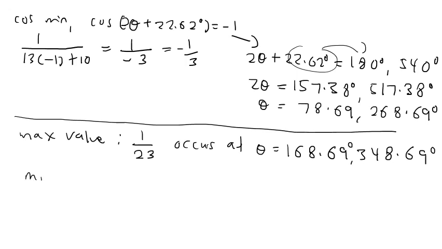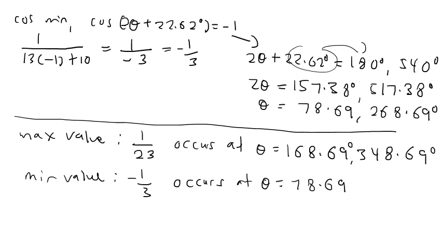And for the minimum value, this minimum value is negative 3. This one occurs at theta equals 78.69 and also 258.69. Okay, so this is the answer for the second expression.